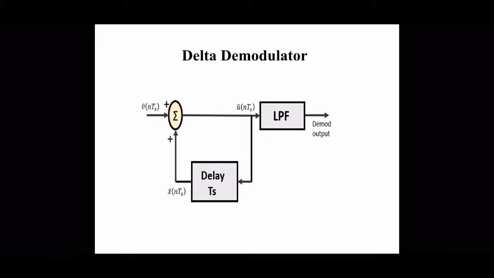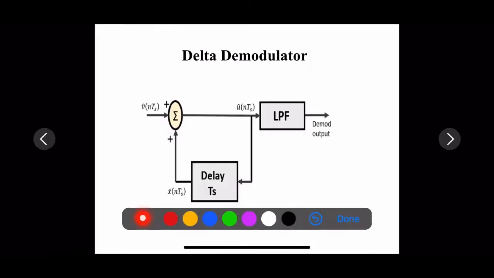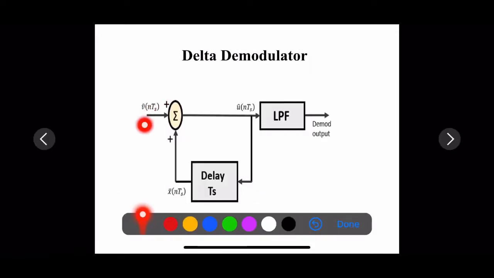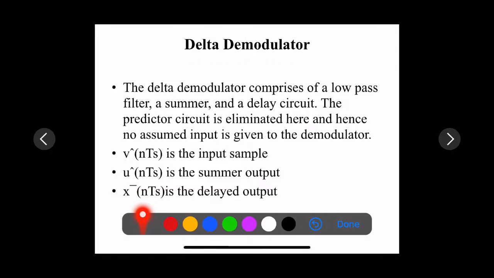Here the predictor circuit is eliminated and hence no assumed input is given to the demodulator. So v̂(nTs) is the input sample, û(nTs) is the summer output and x̄(nTs) is the delayed output.